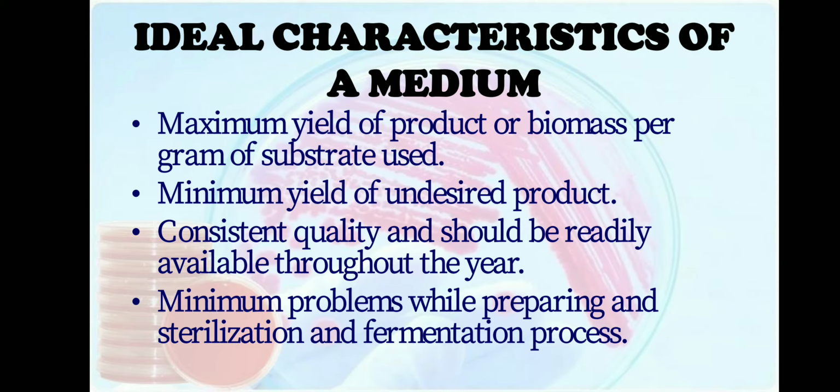This medium should cause minimum problems during the media preparation or during the sterilization of the media. Certain media will precipitate when we are doing sterilization, so such problems it should not cause. It should also cause minimum problems during the downstream processing or during the product purification.